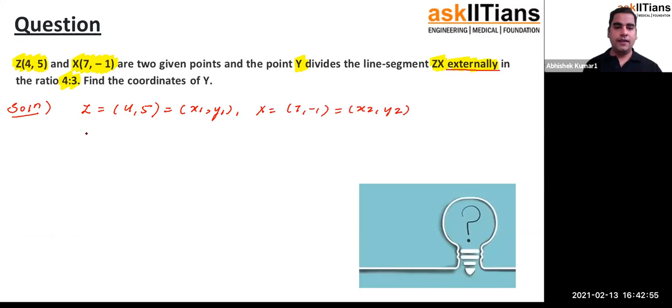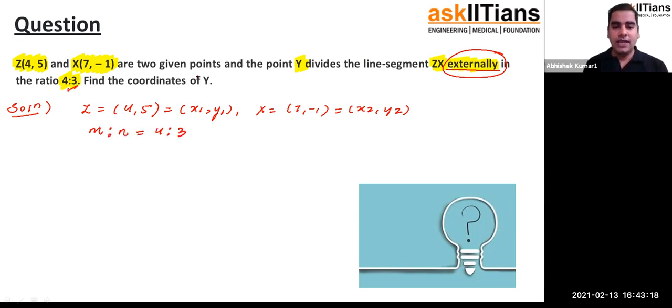External division is taking place, so which sign do we have to use while applying the section formula? The sign you should keep in mind is the negative sign in the case of external division. The ratio m:n here is 4:3.